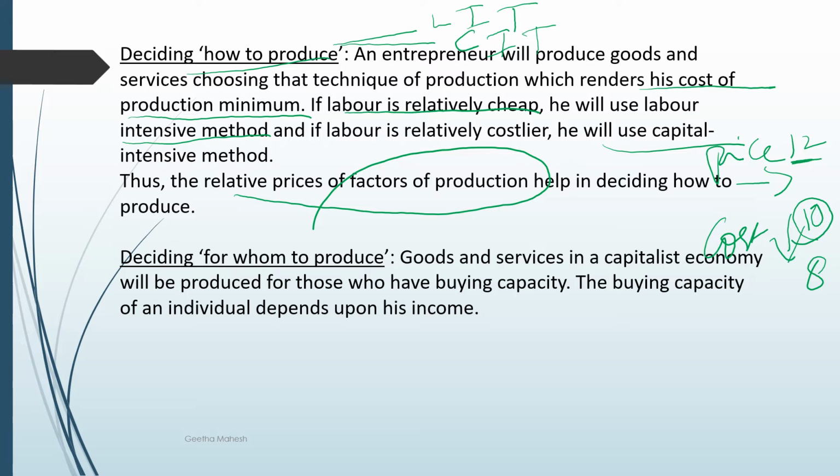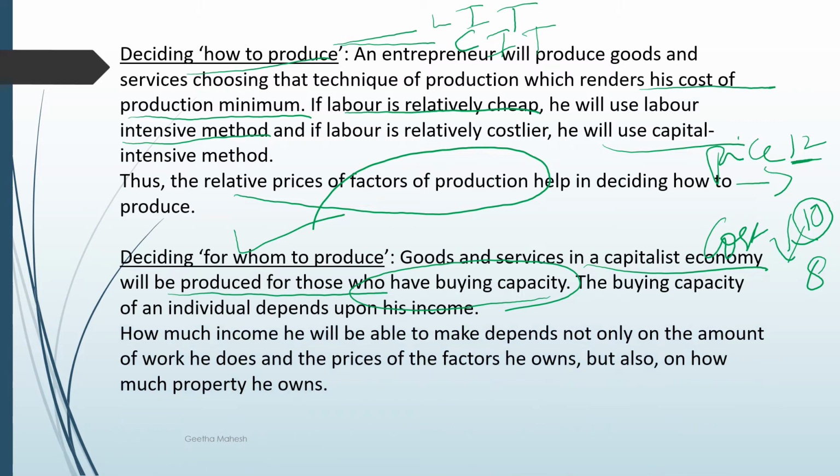Next one is deciding for whom to produce. The goods and services in a capitalistic economy are produced for those people who are having a purchasing power, who are rich or who are able to buy the goods and services. So which always depends on income of the consumer.